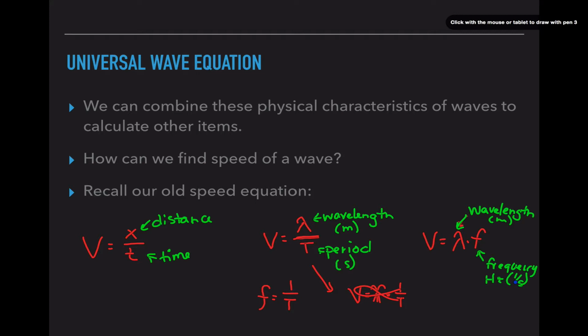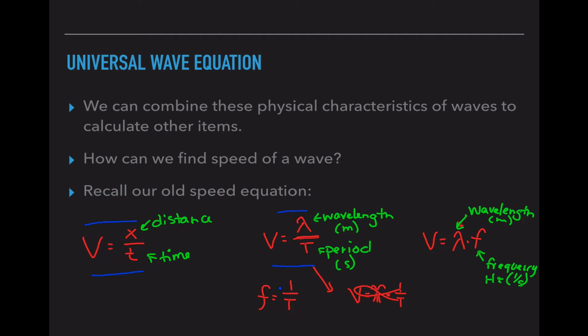So when we have these three equations, this first one can be used when we want to do calculations like: a church bell rang and you heard the sound 50 meters away after 1.2 seconds. What was the speed of the wave? The second one can be used if we have the situation of a wave has a wavelength of 2 meters. If the period is 3 seconds, what is the speed of the wave?